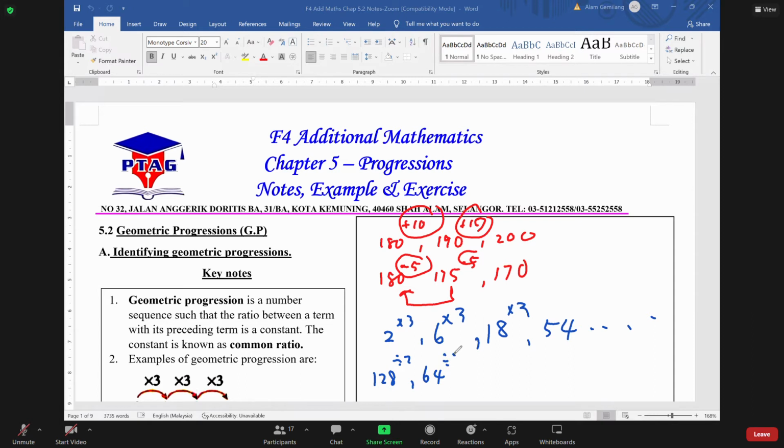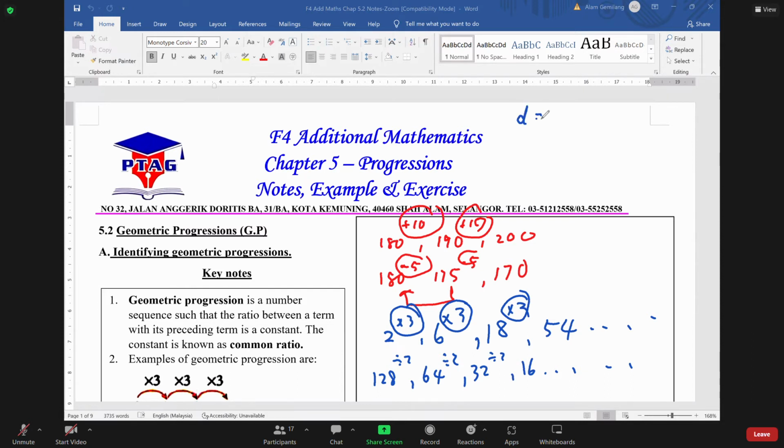Divide by 2, become 32. Divide by 2, become 16, and so on. So this is the common ratio. We say common ratio because we divide.